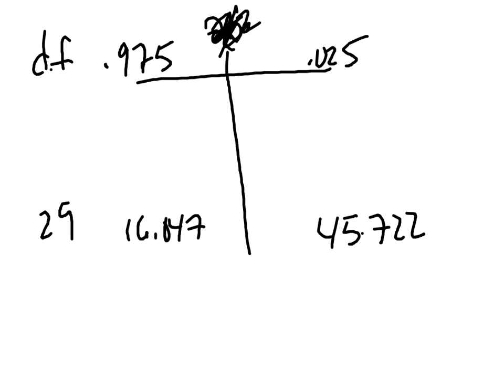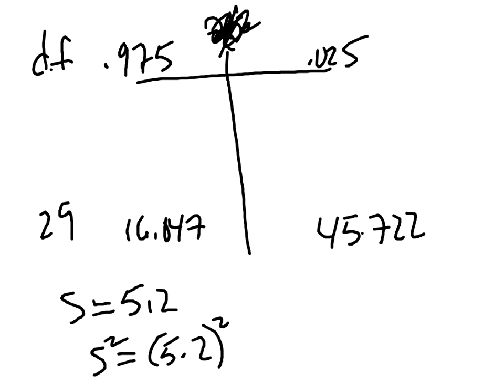Now we have everything we need to go into the formula, but recall that they gave us a standard deviation of 5.2 years, but that has to be squared because the formula calls for the variance. When we put this into the formula, we're going to put it in this way.